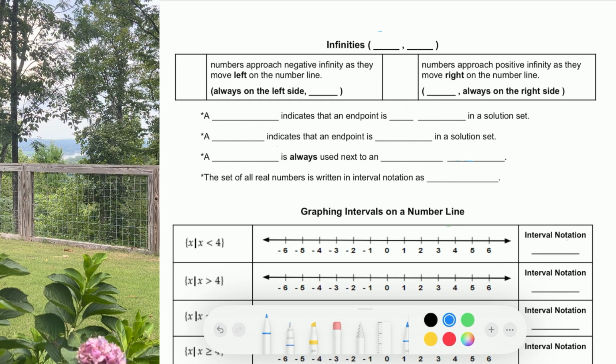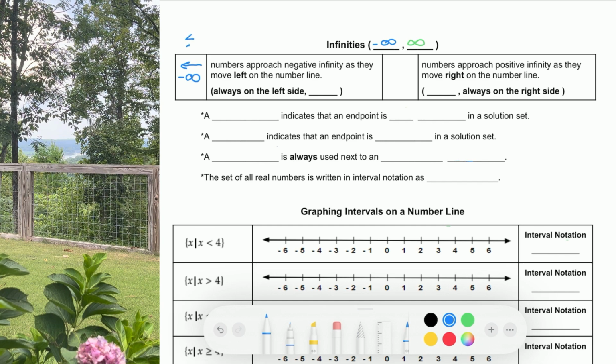Now let's talk about infinity symbols. We have two symbols for infinities. We have negative infinity and positive infinity. And they look like an 8 that's fallen on its side, basically. Numbers approach negative infinity as they move left on the number line. So negative infinity has to do with moving left.